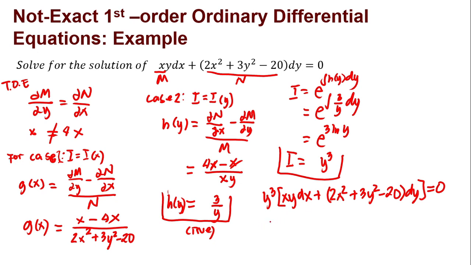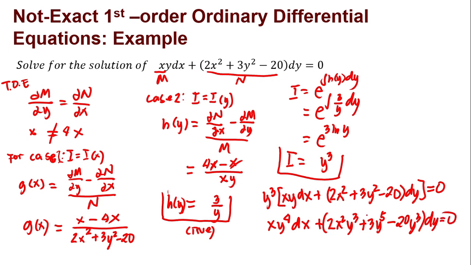So our new differential equation now becomes xy to the 4 dx plus quantity 2x squared y cubed plus 3y to the 5 minus 20y cubed dy equals 0.